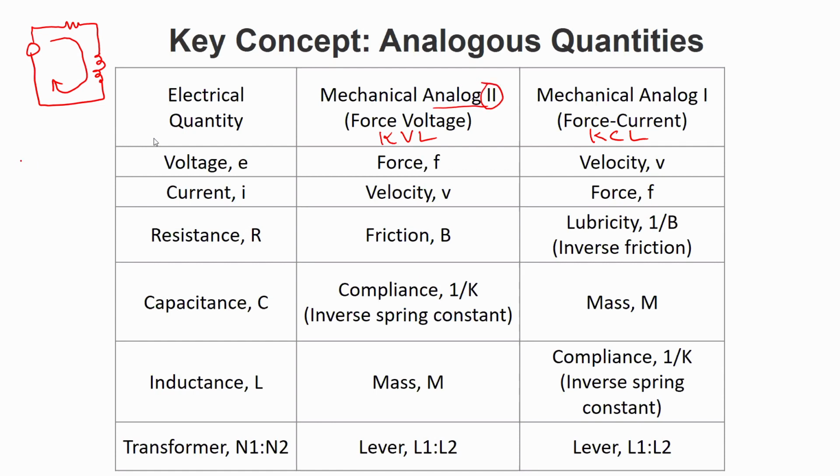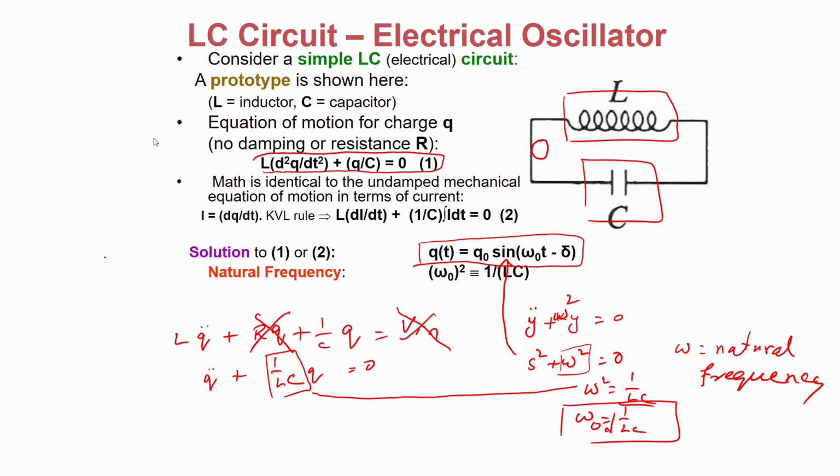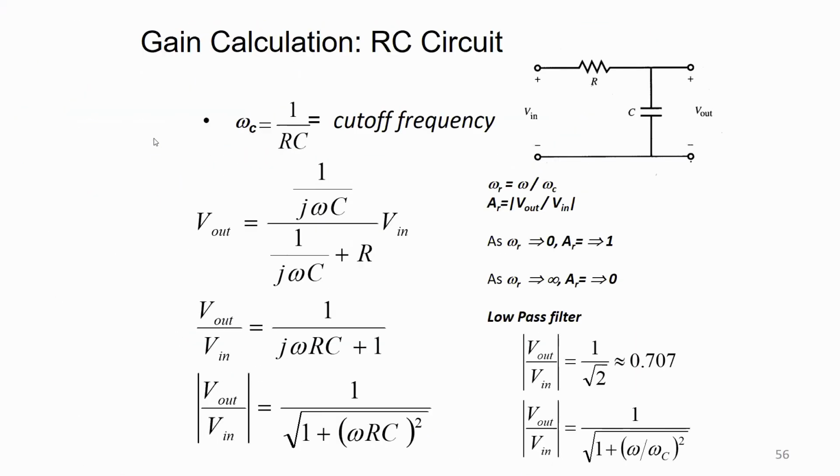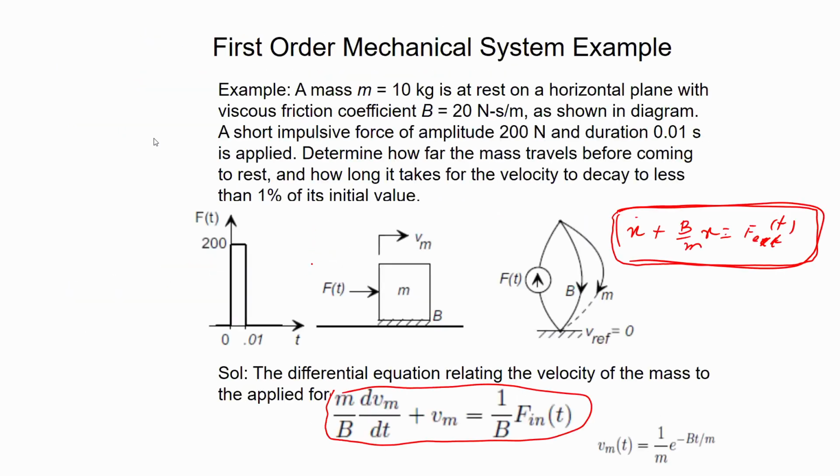The other one was, if you remember this particular case, okay, and if you notice this one, the external force, and in the mechanical system, this is the external force, and the opposing forces are, remember this is a specific node, this point.